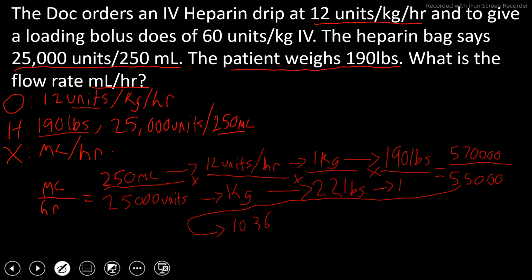It keeps going, but we're going to round. So we'll round from here. The digit after is above 5, so we will round up here. So that about equals 10.4. Don't forget to put the units in your answer or it's a med error. So 10.4 ml per hour.